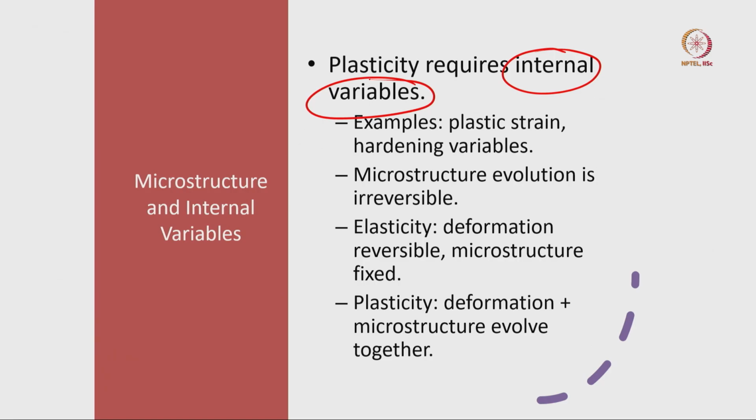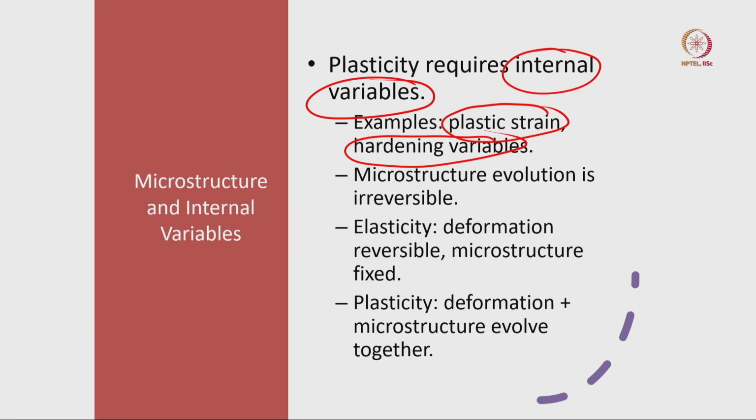They are called internal variables, just a name. It simply means that some aspects of the microstructure will be represented by these internal variables. Some examples are plastic strain, which we will come across soon, and hardening variables. There is a phenomenon called plastic hardening, strain hardening, and those have to be represented by these hardening variables. These are the internal variables that define the microstructure.